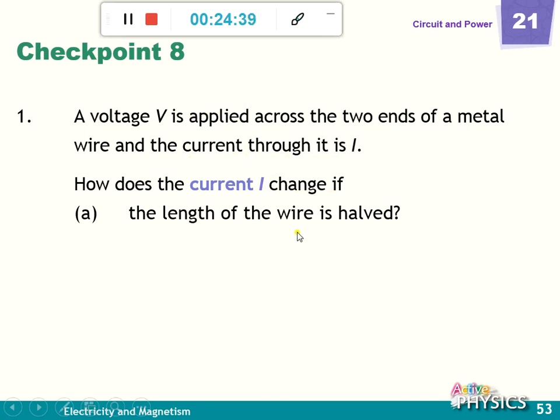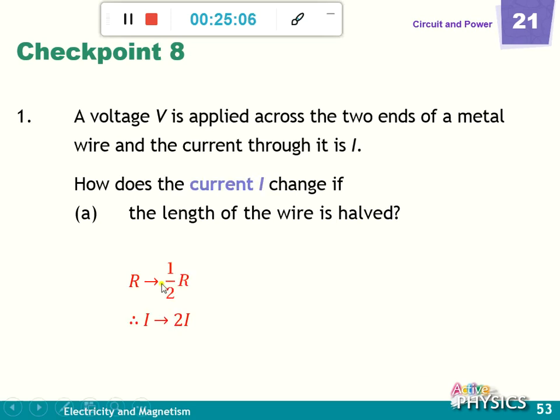Okay, actually very easy. In your mind, focus on the equation. R is equal to resistivity times length over area A. If length is half, then what will happen? Length is half, R will be half of before, and then V is equal to IR.